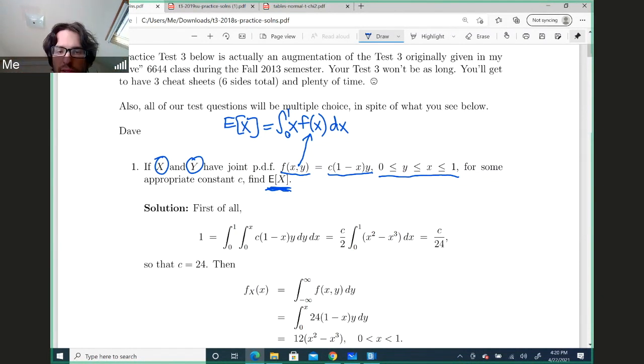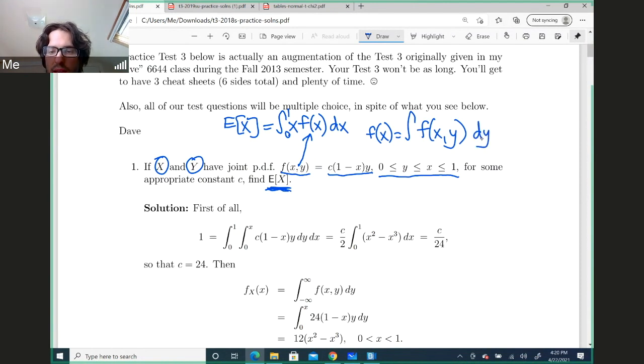So to get f of just a single variable from this joint, f of x is equal to the integral of the joint probability distribution with respect to y, over the entire range where that y can be.